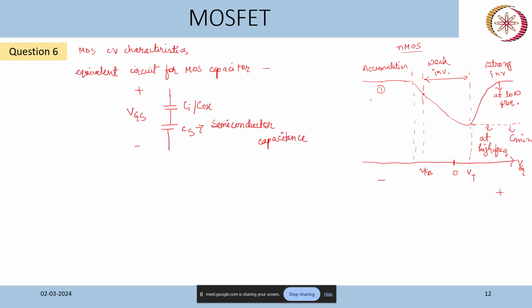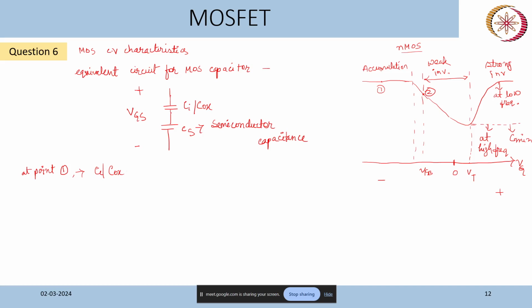Now at point 1 here, so let's see that point 1. The total capacitance is only Ci or COX because the semiconductor capacitance, that is very high, and you know from circuits, if the capacitors are in series like shown here, then the overall capacitance will be given by the smaller number.